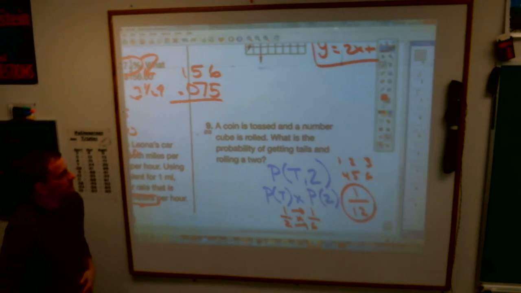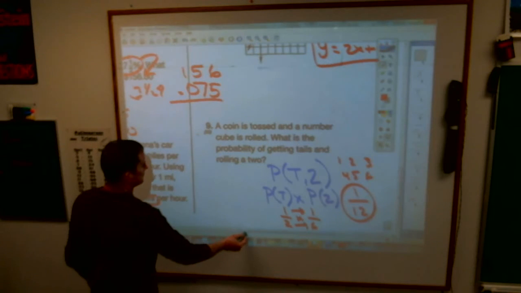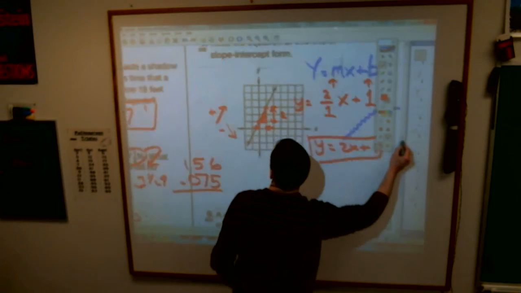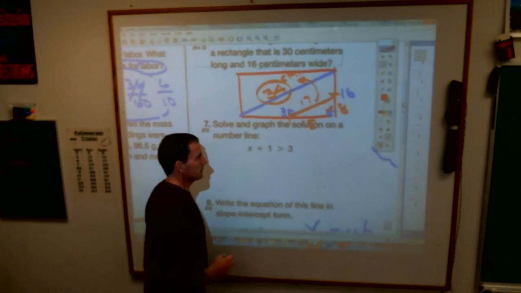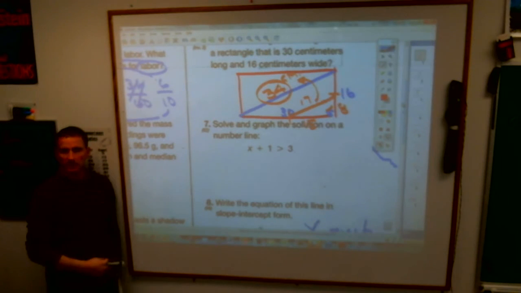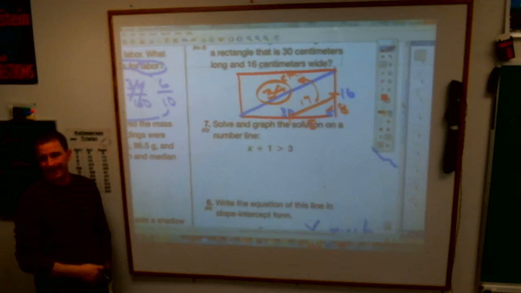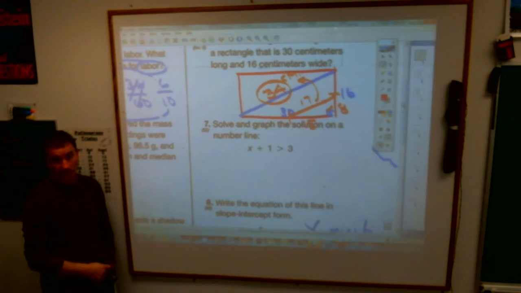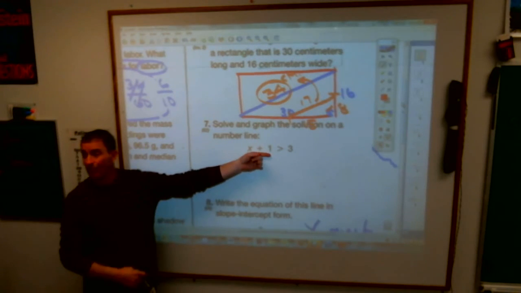Kate, number 7. These get done just like equations. Kate, how do I solve that for x? How do I get the letter x by itself? How do I get rid of these plus 1s?